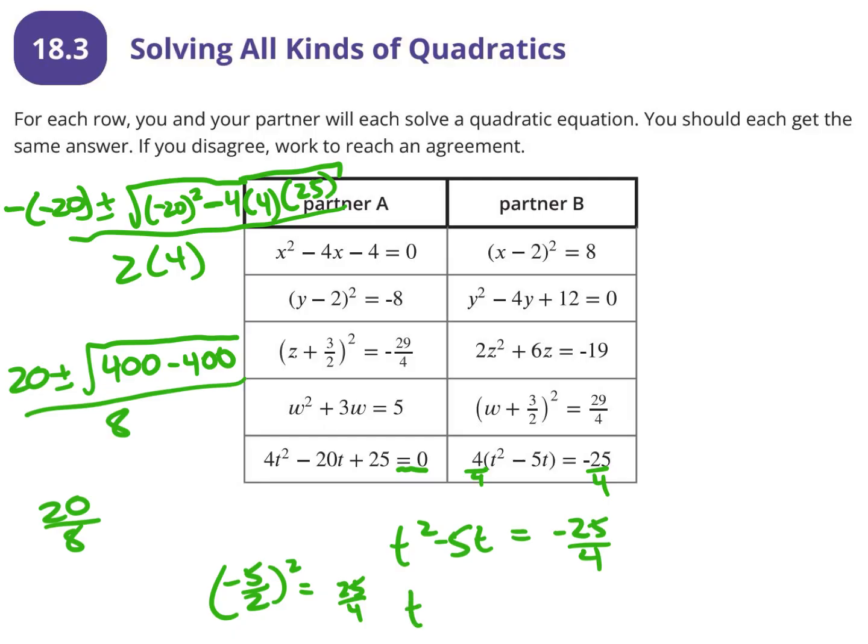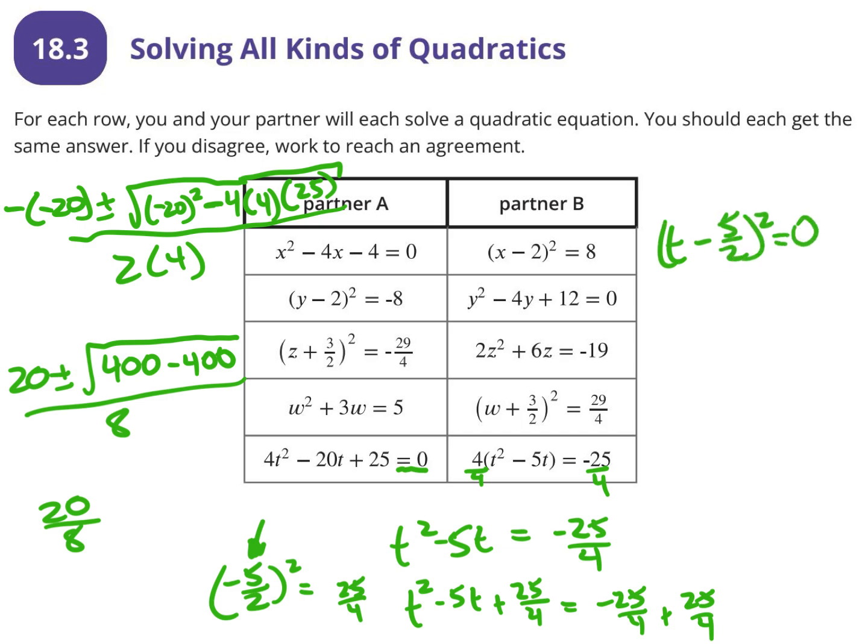So I had to add 25 over 4 equals -25 over 4 plus 25 over 4. Now, this becomes inside my parentheses with my t squared. So I get t minus 5 over 2 quantity squared equal to 0. And then square root, t equals 5 over 2.